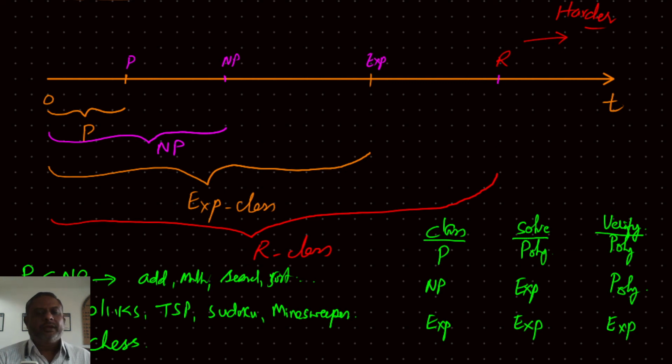Therefore, we can't put that under NP. It still is outside the NP. So we can say that chess happens to be here, and something like the reset problem can be here. All other problems are shown here.